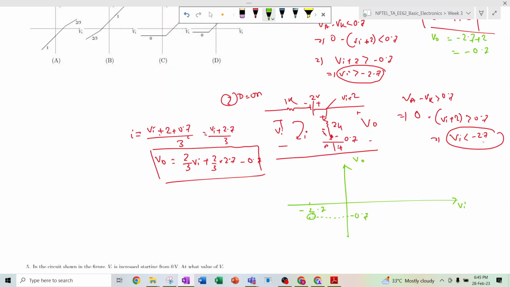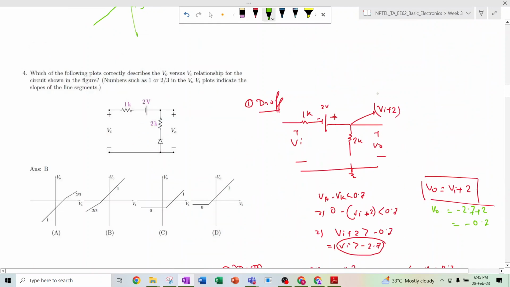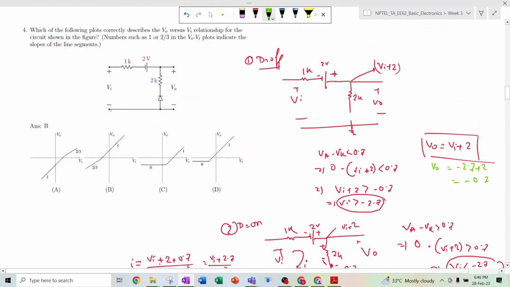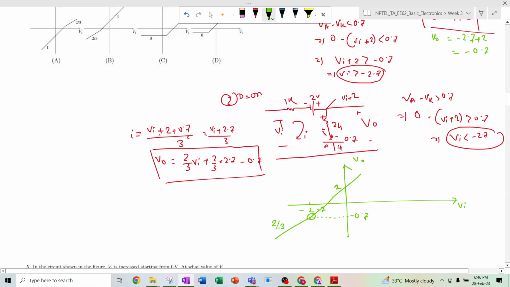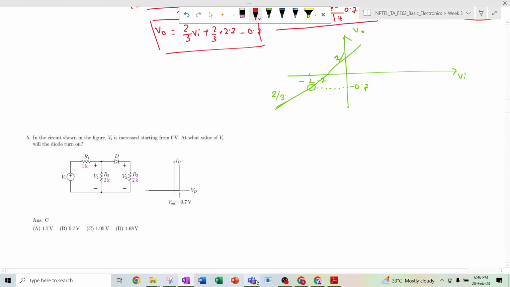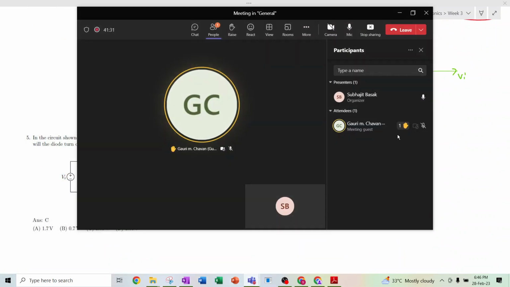Whenever Vi is less than minus 2.7, the slope will be 2 by 3, and above that the slope will be 1 because Vo is Vi plus 2. So the correct answer will be answer B, right? This is 2 by 3 here, and here it will be 1. So the correct answer will be answer B.